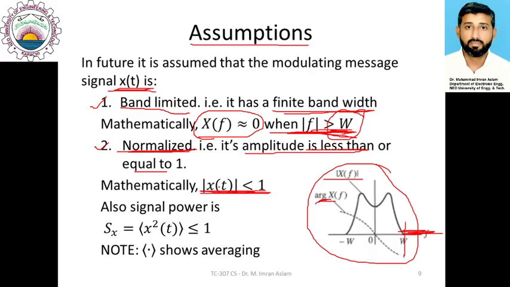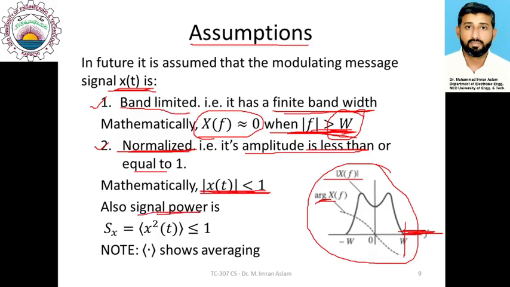But using the normalized message signal would simplify our mathematical expressions. So that's why this is a common assumption. In case you do not have a normalized signal, you can simply multiply by the amplitude to get it denormalized. So in order to get the denormalized signal, you have to multiply it by the amplitude.